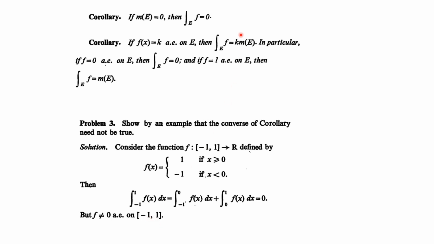So that means the integral of f being 0 does not imply that the measure of E is 0, or that f is equal to 0 almost everywhere on E. Okay, so the converse of the above corollaries need not be true.